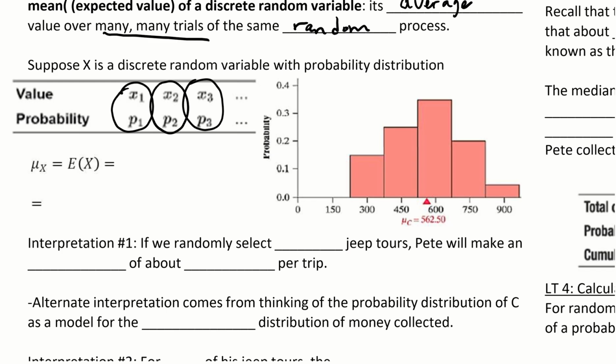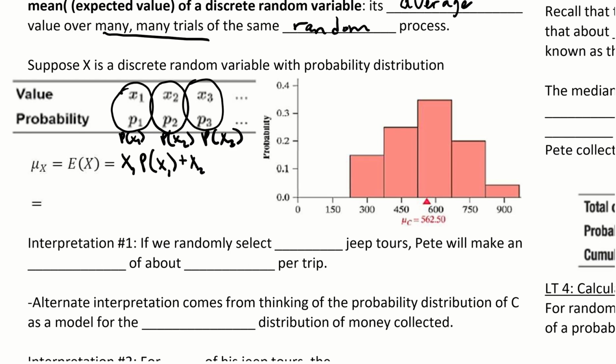So in other words, let me just show you that. So we have x1 times p1, and they call it p1 here, but I'm going to call this p of x1 because that's what the AP exam uses. Okay, so I'm going to call it p of x1, p of x2. That's what I'm going to use because that's what the AP exam uses.